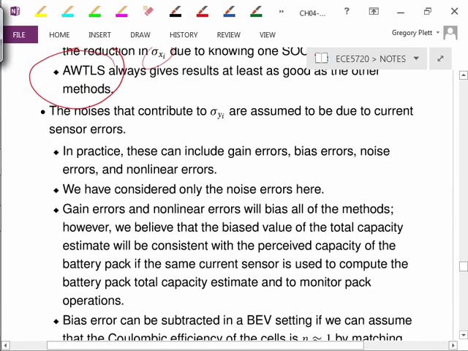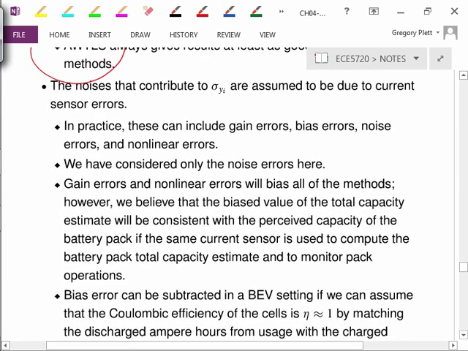In the simulations we've done, we've said that the noises that contribute to sigma yi are current sensor errors only. In practice, these are gain errors and bias errors and noise errors and nonlinear errors, and all that we've chosen to consider are noise errors. So if you think that the other errors are a factor, then add them to the simulation and see what happens.